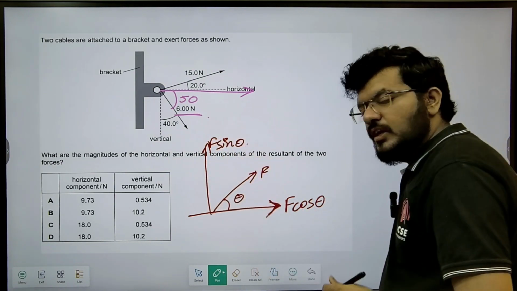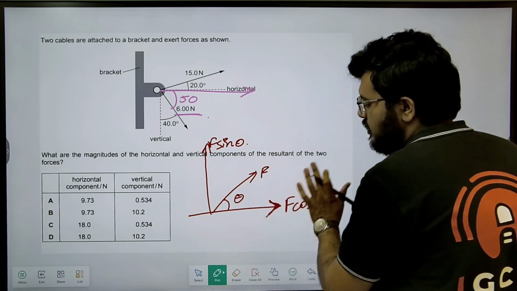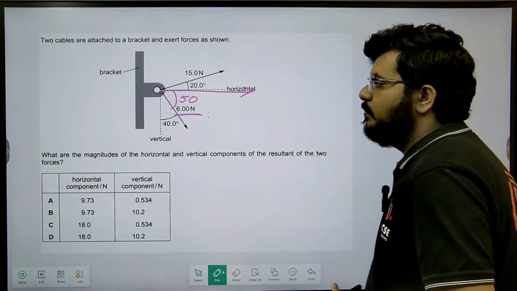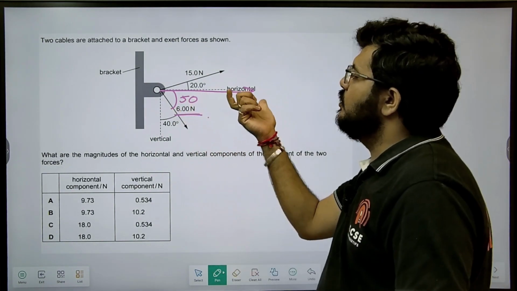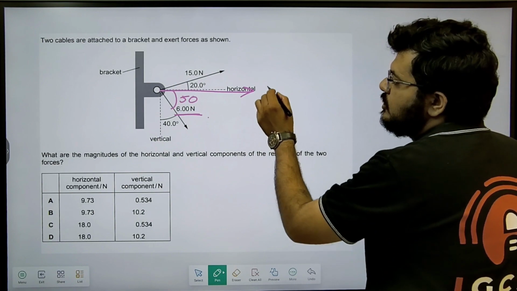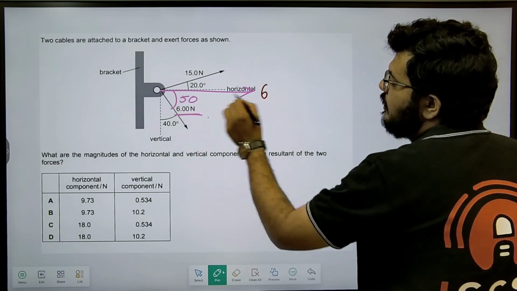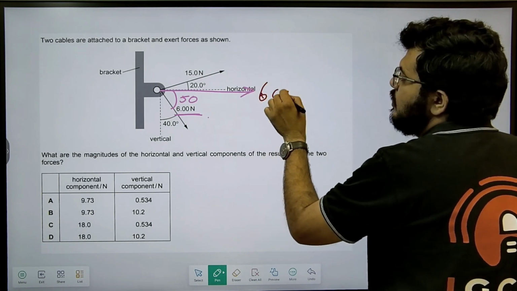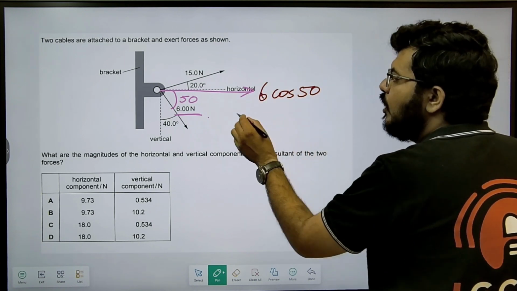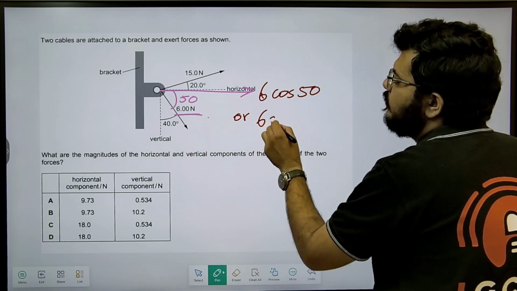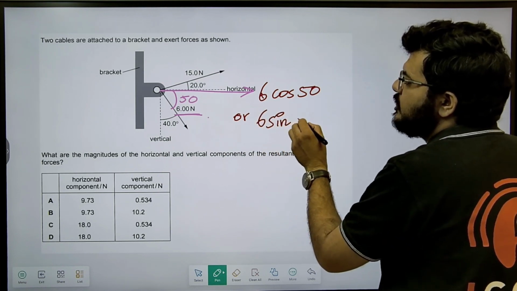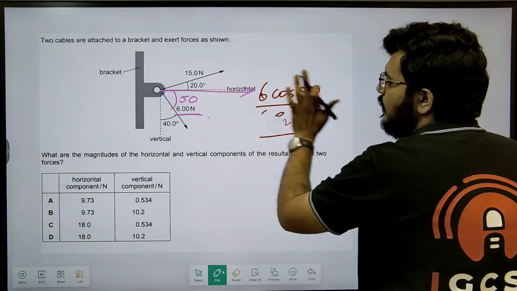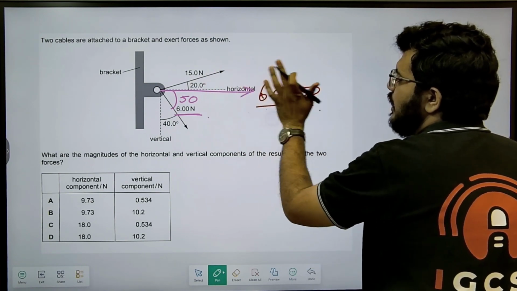If nothing else, if you remember this much, it is enough to find out the parts of the force acting in horizontal and vertical direction. So this will be 6 cos 50, or for your knowledge you can also find out it is also equal to 6 sine 40. Both of these components are equal. Okay, but let's calculate this.